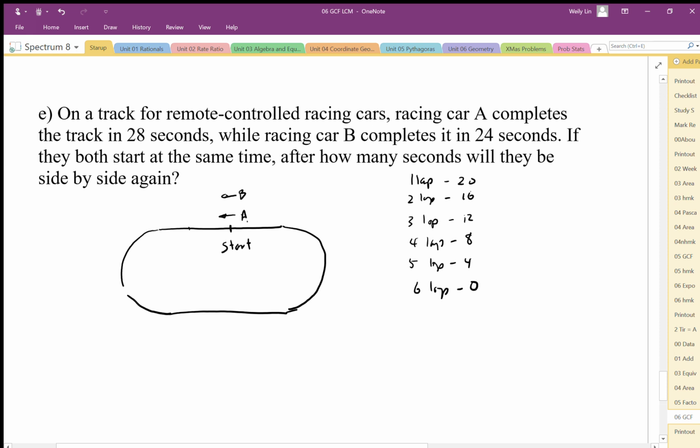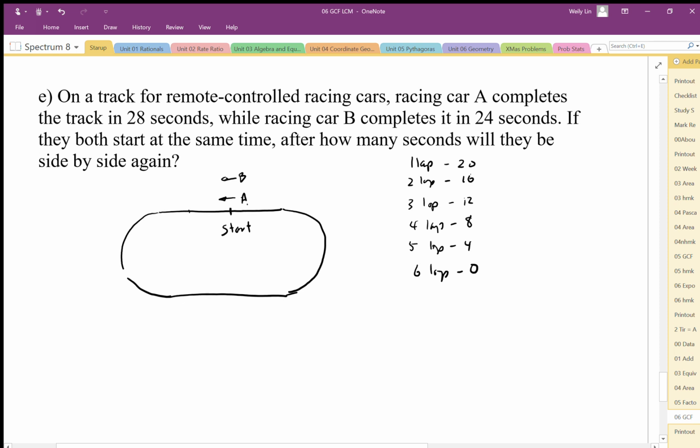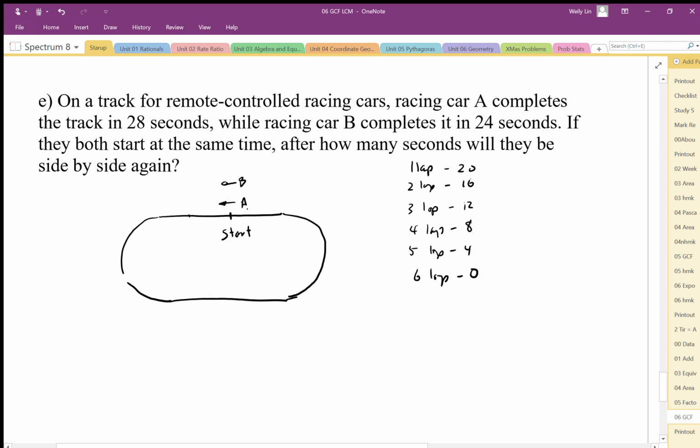So the answer to how many seconds is the 6th lap of this car here. Because this car has done 6 laps, the other would have done 7 laps. We can also do this problem using multiples.